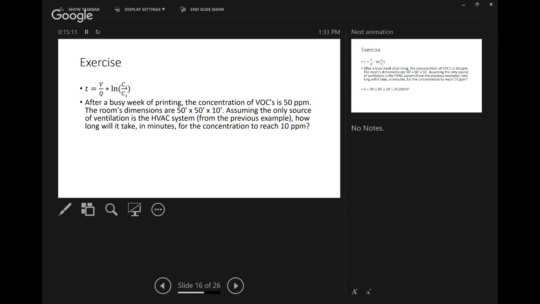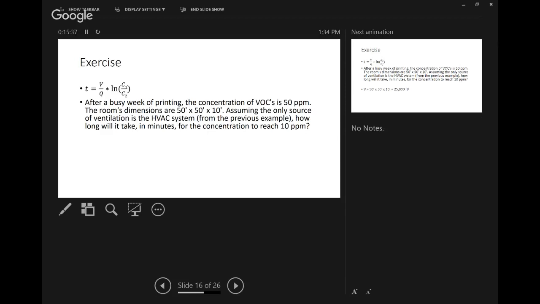The room dimensions, so our volume is going to be 50 by 50 by 10. We're going to need to do that math to get the actual number. And our final concentration is 10 parts per million.